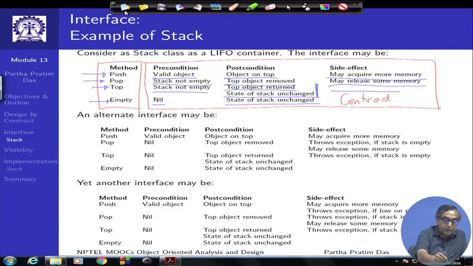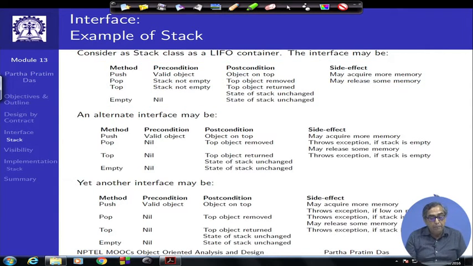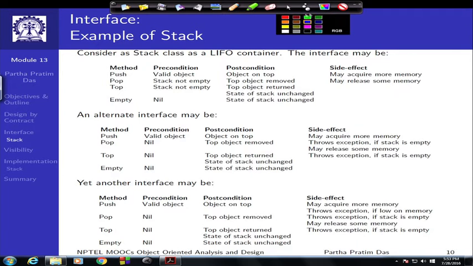So, this is the view of the methods and the contract, which together form the interface of the stack class. I would like to warn you, particularly those who have already been writing programs in various OOP languages like C++, Java or Python for that matter, that you would tend to often believe that it is only the methods, only this part, that is the interface.